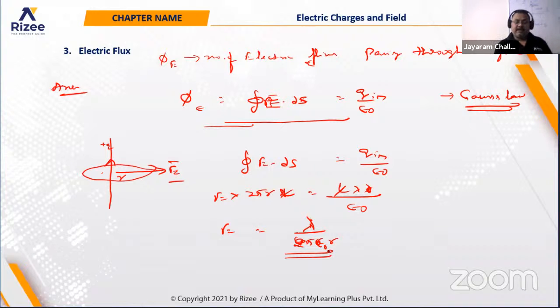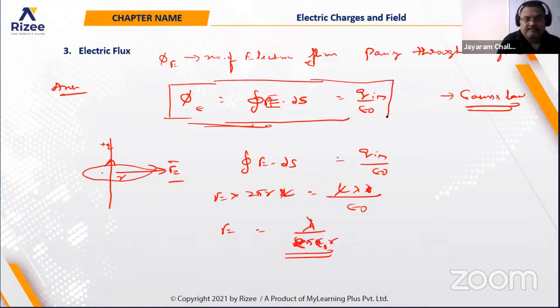This is how you can derive the same formula using Gauss law, that is lambda by 2 pi epsilon naught into small r. So this is another very important formula on flux, please be careful of this. So these are the electric flux conditions.